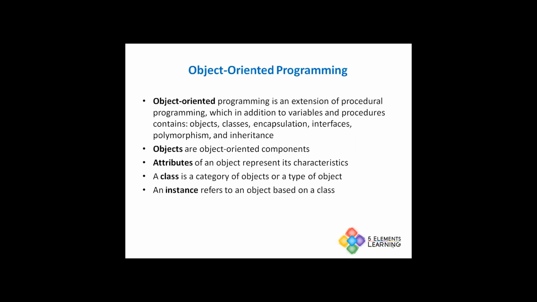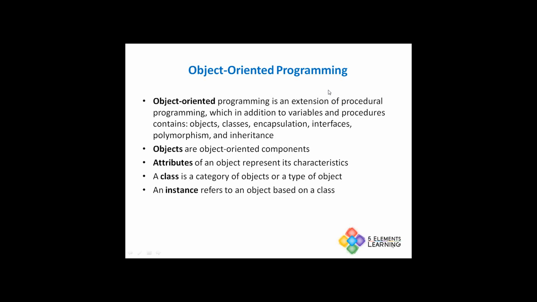Procedural language was primarily C language, but it had its own limitations, because of which we had to shift to object-oriented programming languages, which facilitated modeling of real-time applications with ease. This was not possible with procedural languages. Nowadays, the languages which we use like Java, C#, Ruby, Perl, Python are all object-oriented languages.